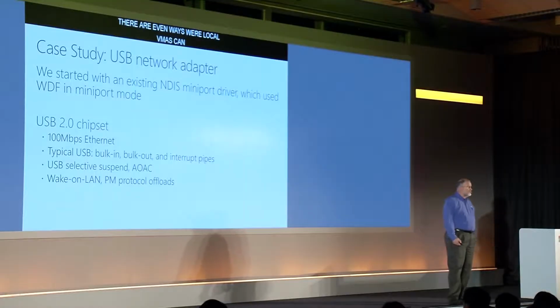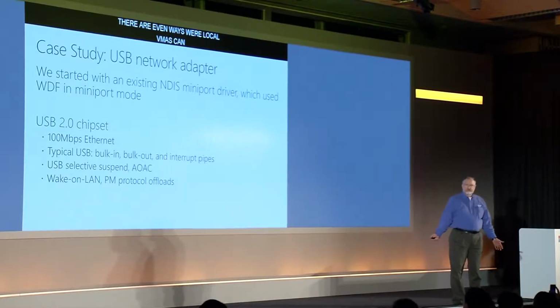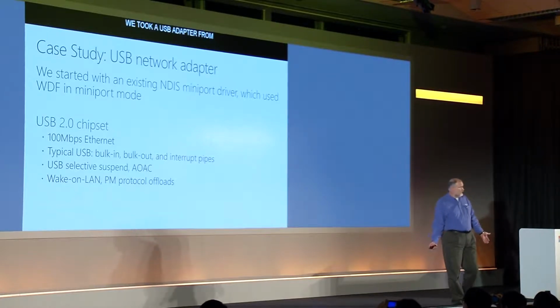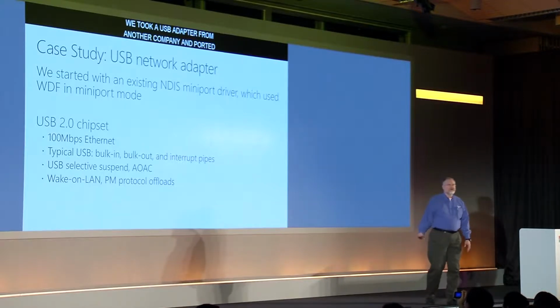We took a USB adapter from another company. We ported the driver, a USB 2.0 chipset, 100 megabit per second dongle. I'm sure you've all seen those kinds of devices around. Wake on LAN, AOAC, all the standard kinds of functionality are there.